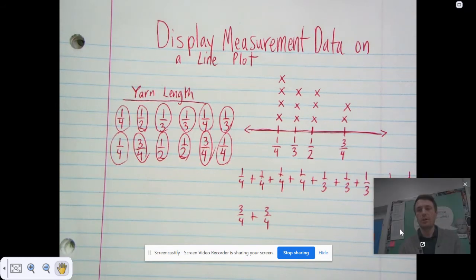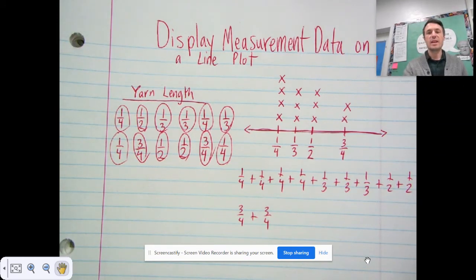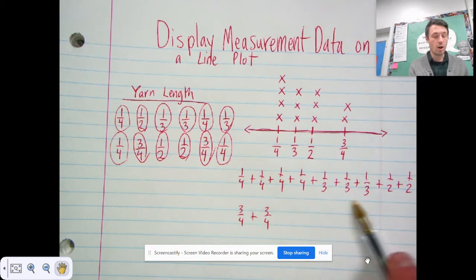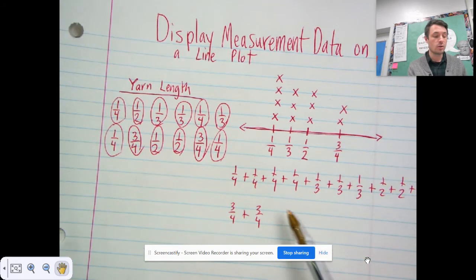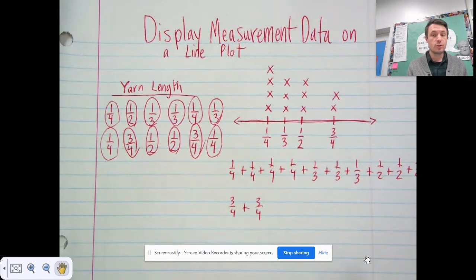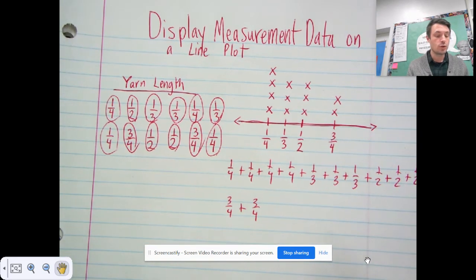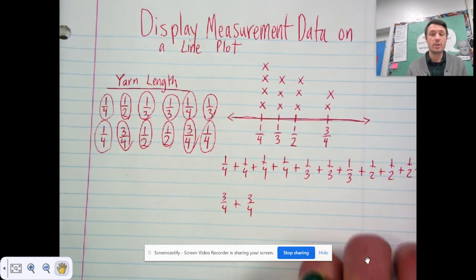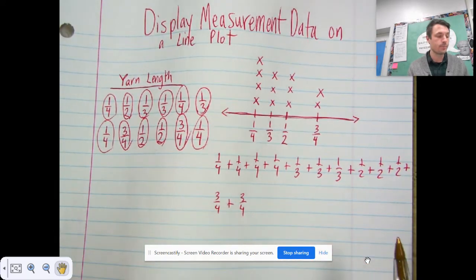See, sorry, you couldn't even see the whole thing. See, we just add all the pieces of yarn together. Now, this would be the hardest way to do that. I wanted to show it to you this way first just to make sure you understand that we're adding every single piece of yarn together.